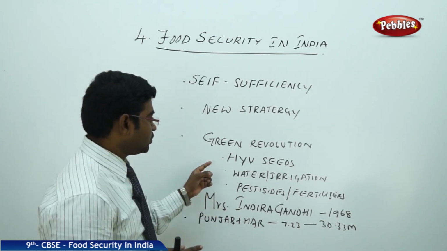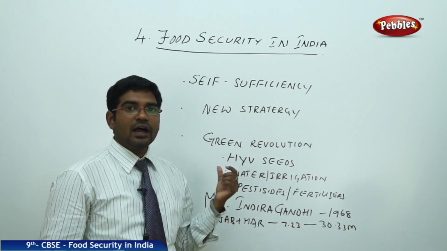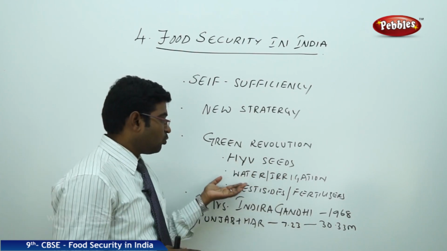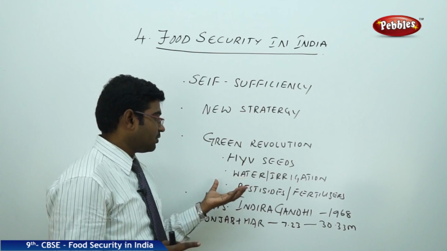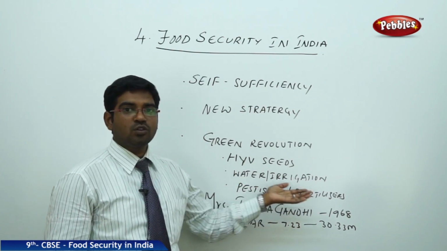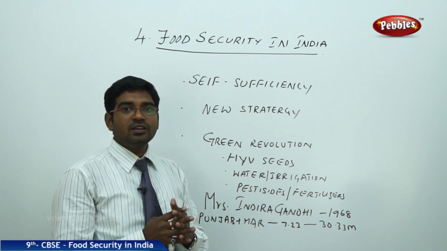That is, the usage of high yielding variety of seeds, HYV, irrigation facilities expanded to all the fields, and usage of pesticides and fertilizers in order to avoid the crop getting spoiled.